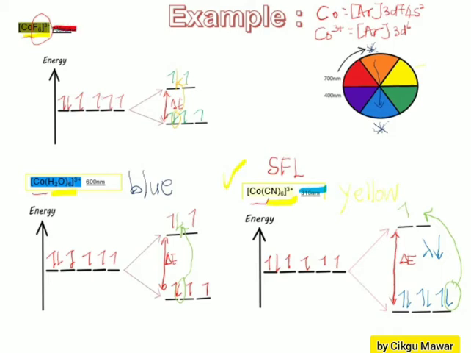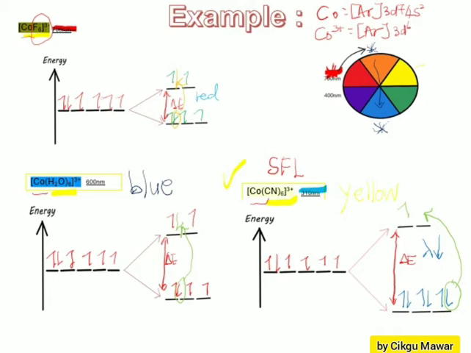So where is 700 nanometers located? Here is the 700 nanometers. It means that during the d-d transition, it will absorb the red color here. Red color will be absorbed.